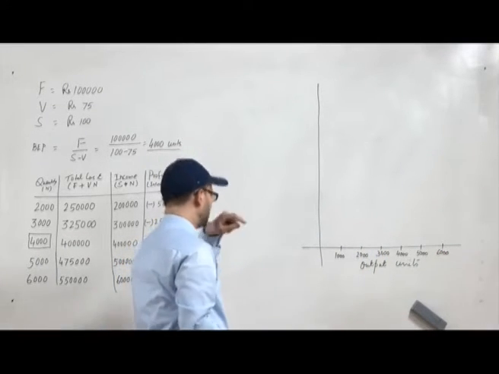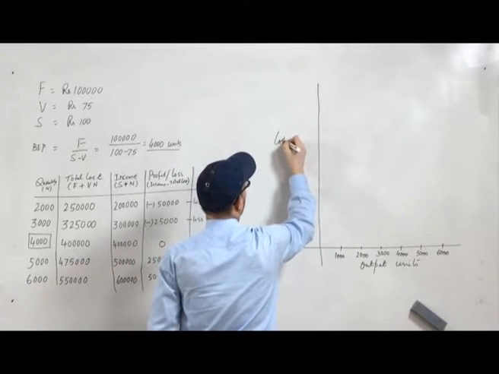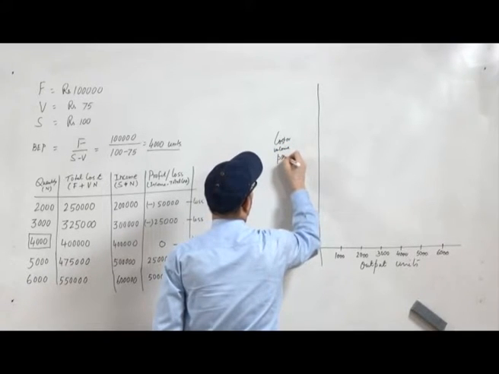On this side we will have cost or income per unit of the item.